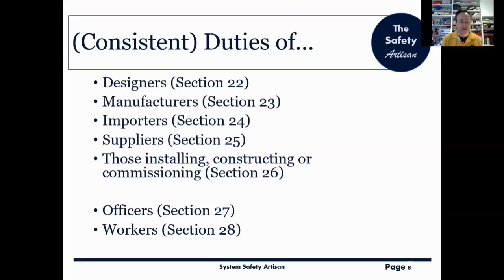Again, we're going to talk about that in the main video, not in this. And then workers have duties to comply with reasonable instructions that are intended to keep them safe and other workers safe. So there, if we go into section 28, you get the kind of thing that you would expect to see in workplace health and safety. So that's it in the short video.